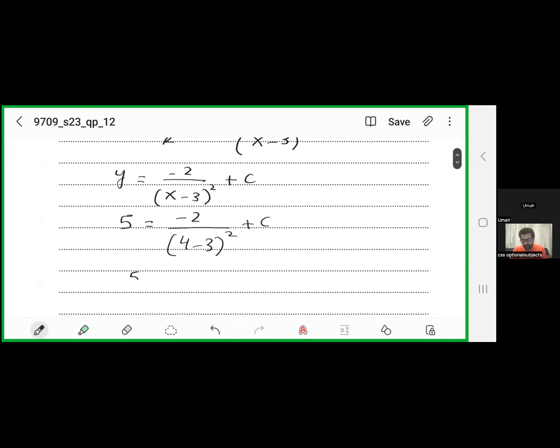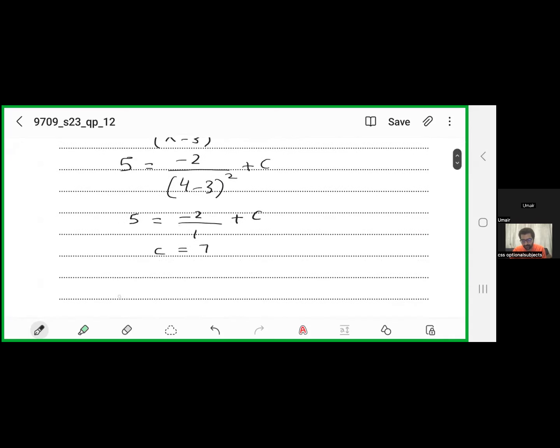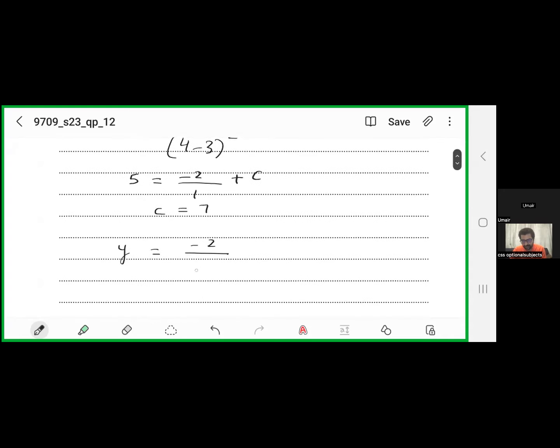Now 5 is equal to minus 2, or 4 minus 3 is 1, plus c. From here, the value of c will be 7. So your equation of the curve will be y is equal to minus 2 over (x minus 3) whole square plus 7. This is your answer.